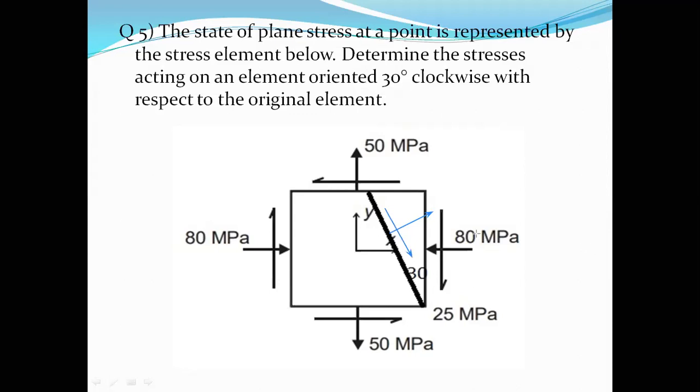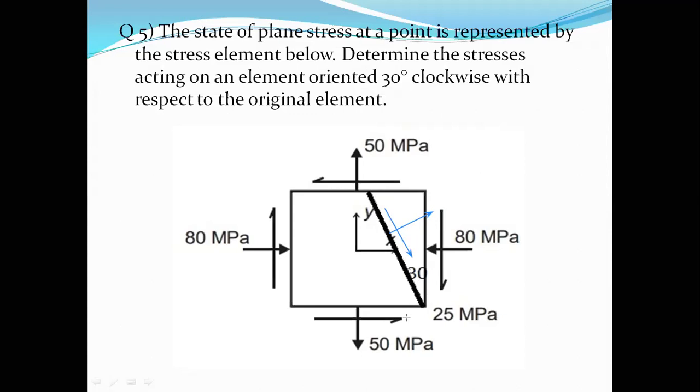So we need to find out along this failure plane what would be the corresponding values. Let's say this is theta, so this is going to be sigma theta. We need to find out the value of sigma theta, the normal stress acting along the failure plane, and the corresponding tau, which is nothing but the shear stress acting along the failure plane, tau theta. This is exactly what we need to find out.